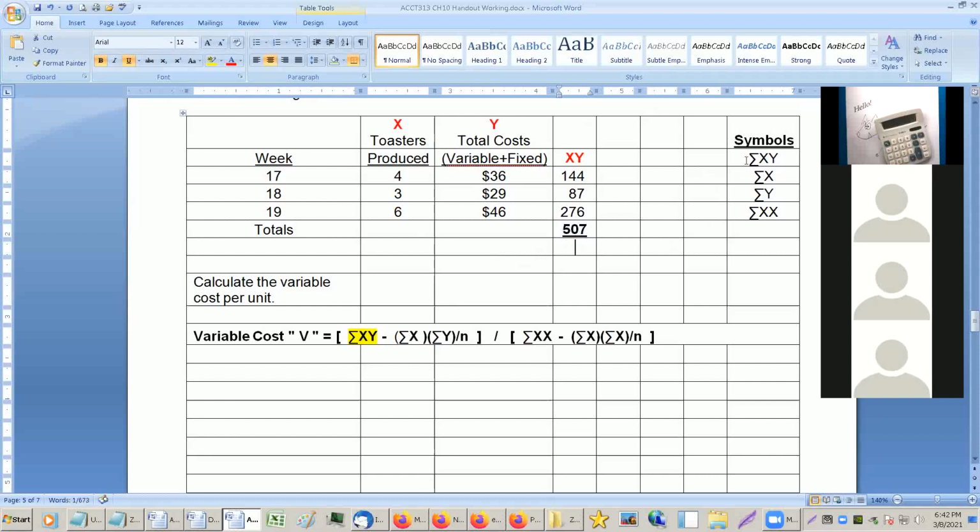And over here, I'm just going to copy and paste these, just because getting these symbols is kind of a pain. So the summation of x times y, and then down here, we're summing them up.